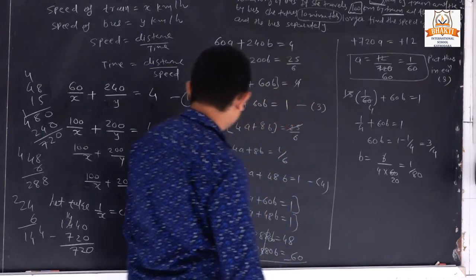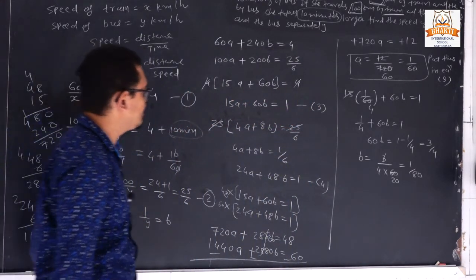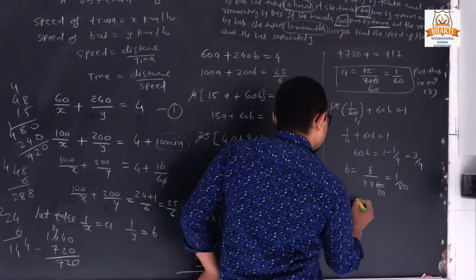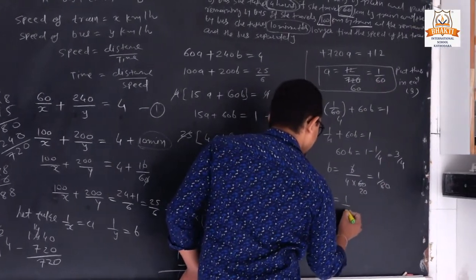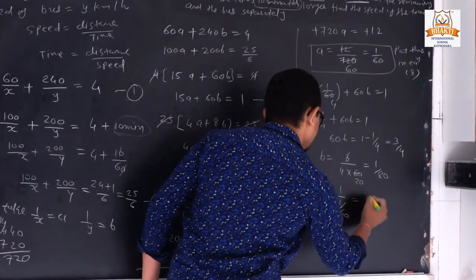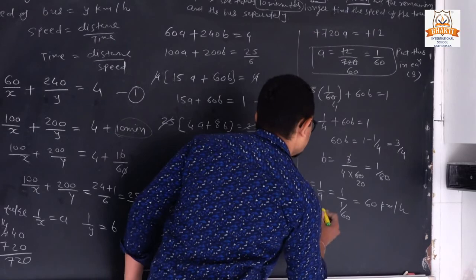So now what we assumed here, 1 upon x is equal to a and 1 upon y is equal to b. So x is equal to 1 upon a. So 1 upon, what is the value of a? A is equal to 1 upon 60. So x is equal to 60 kilometer per hour, and y is equal to 1 upon b.